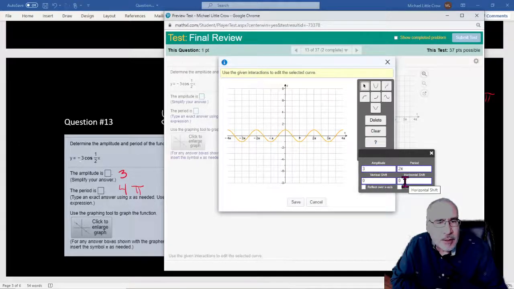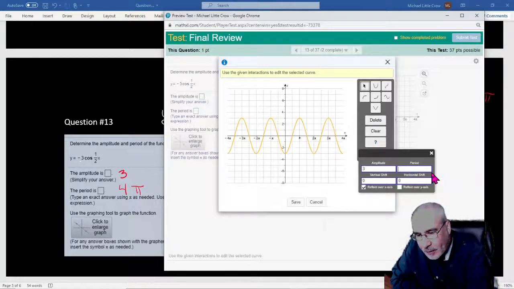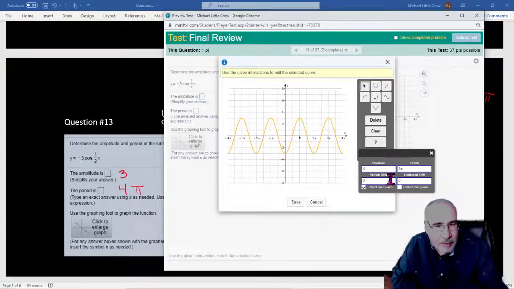Vertical shift, we're not going to shift it. Oh, reflect over the x-axis, so to make it negative. So that makes sense. So amplitude is 3, but we need to reflect it over the x. Okay, so there it's responding. The period is not 2 pi, it is 4 pi. And we don't have any vertical or horizontal shifts.